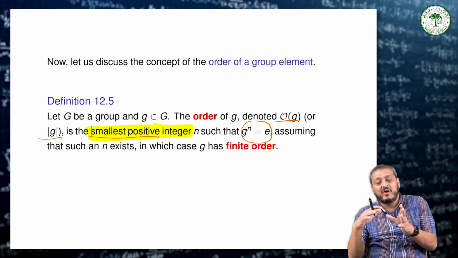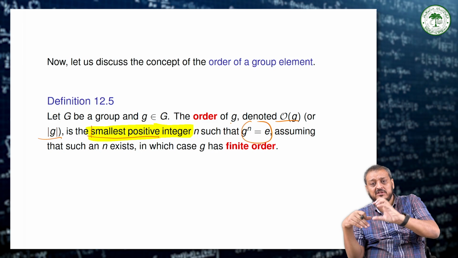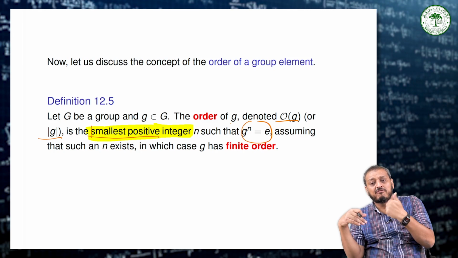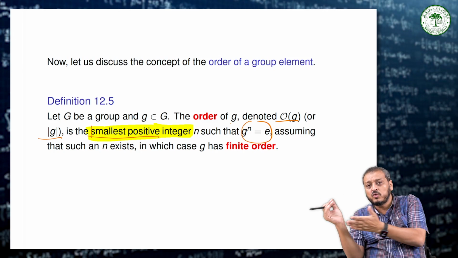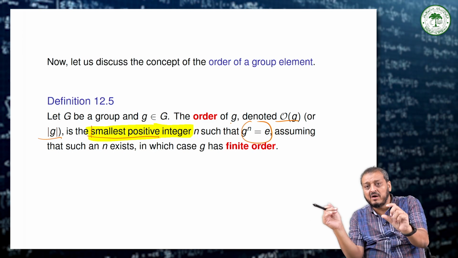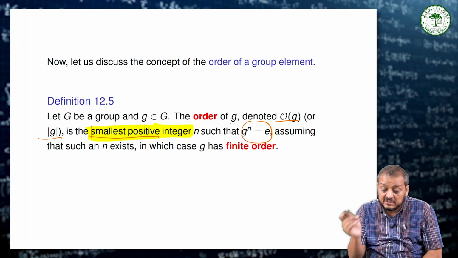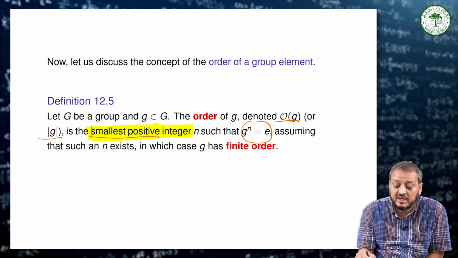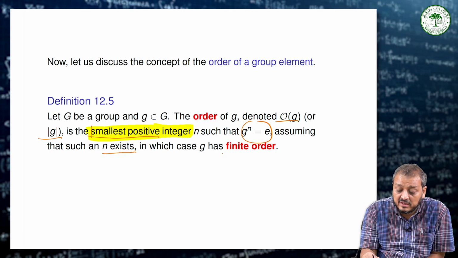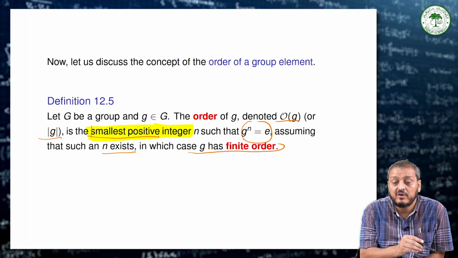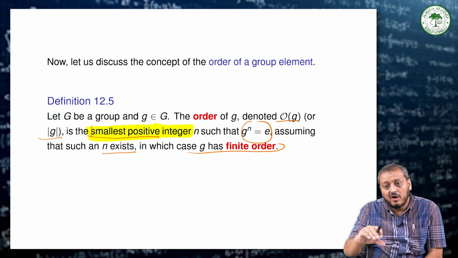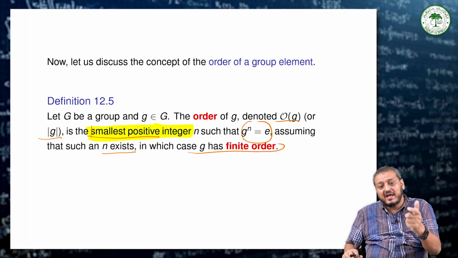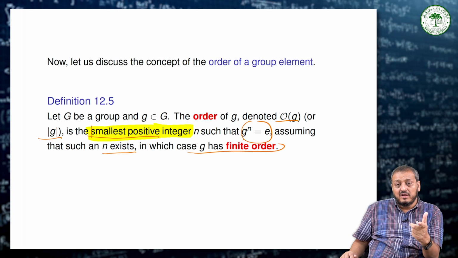Means we find in a set the smallest positive integer for which the power of g is equal to identity. If such n exists, then g has a finite order, and that n is called the order of g.